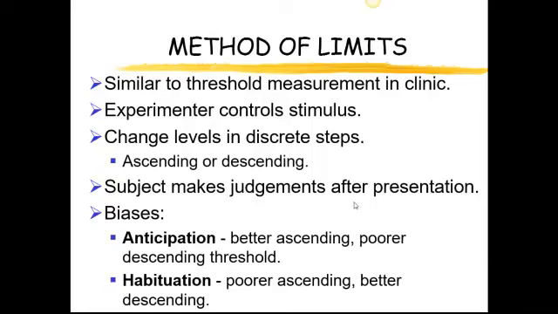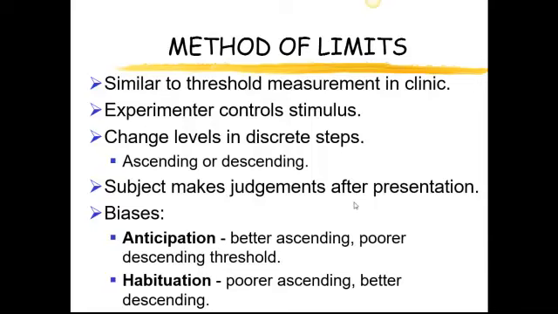And some of the biases that are involved with this method, the first one is anticipation. They're waiting to hear that sound, and they may actually respond too quickly. Usually the bias is better with ascending and poorer or having more of an effect with descending.